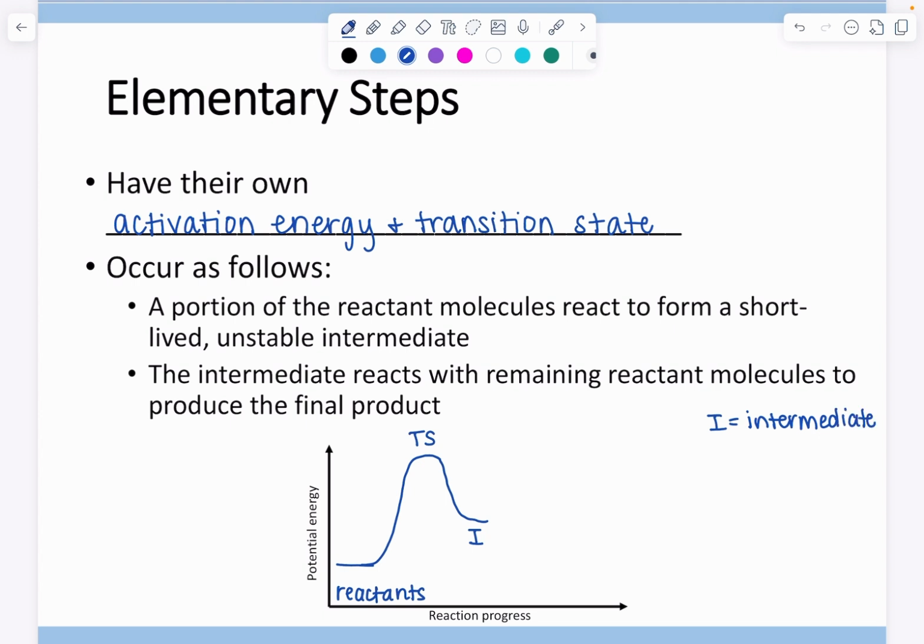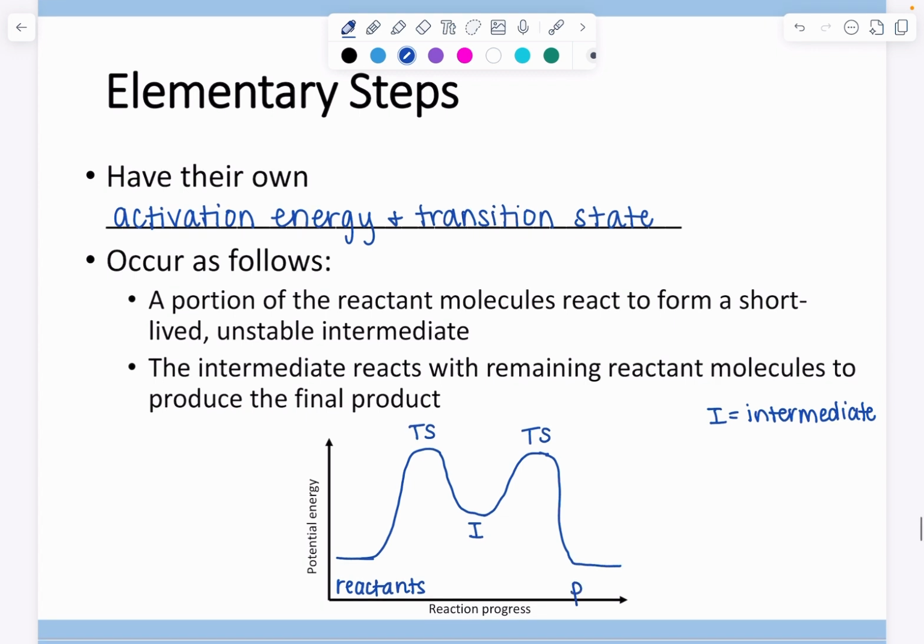Then the intermediate or intermediates will continue reacting and form another transition state. And then if the reaction is only 2 steps, then the products are formed. So we have 2 transition states, I'll label as TS1 and TS2.